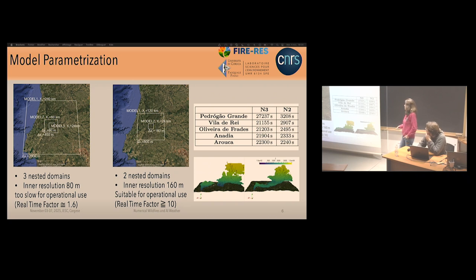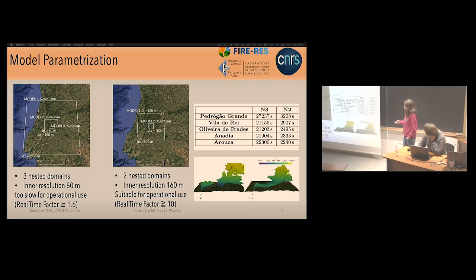So we looked for a configuration more suitable for emergency response. At the end, we chose this one, where the nested domains are just 2 and not 3, and the innermost domain has a resolution of 160 meters.